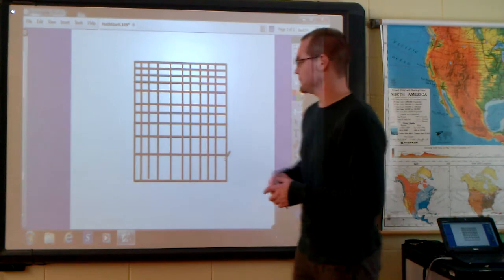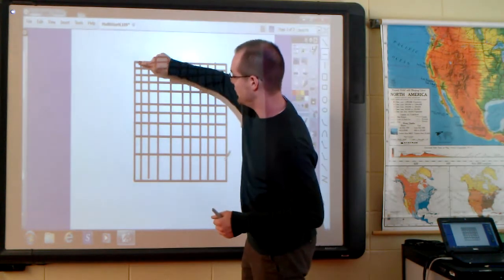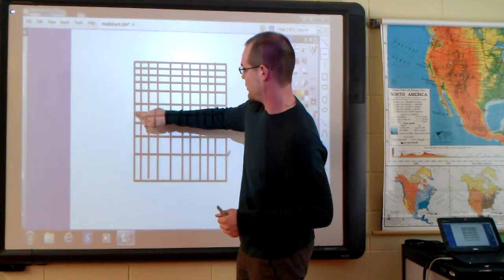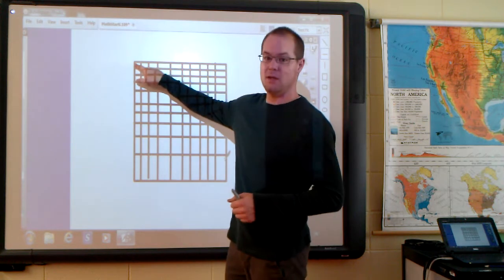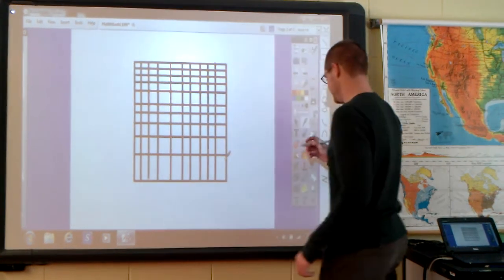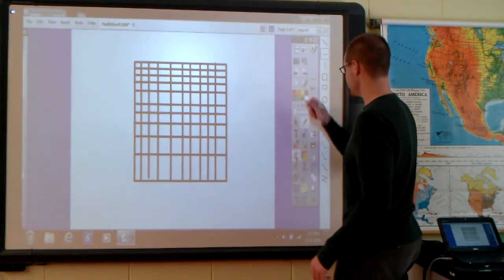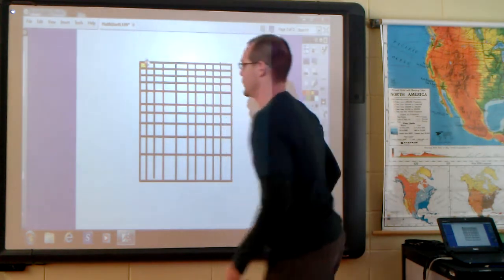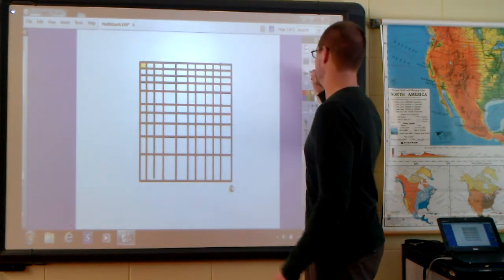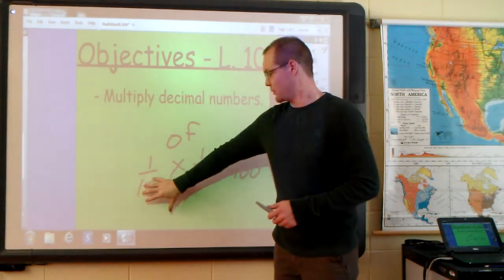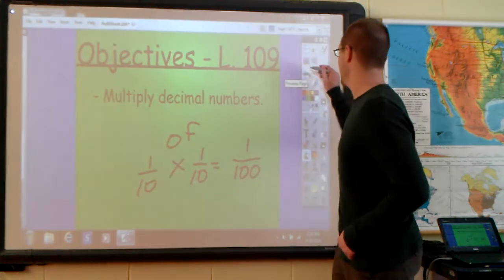But understanding that 1/10 of 1/10, 1, 2, 3, 4, 5, 6, 7, 8, 9, 10, is 1/100th. Okay? Just like that, using a picture to show the multiplication of 1/10 and 1/10.